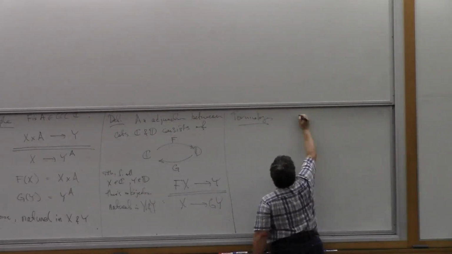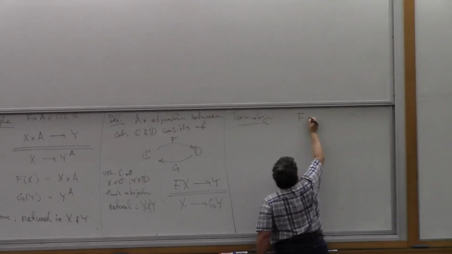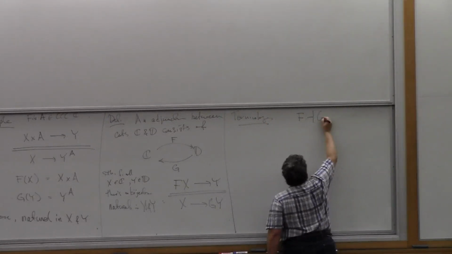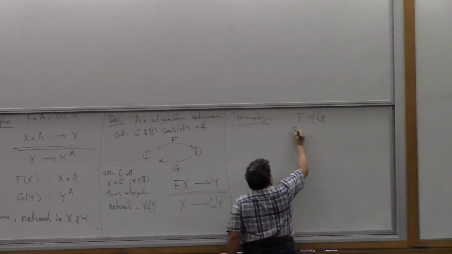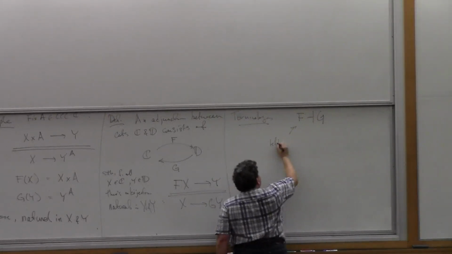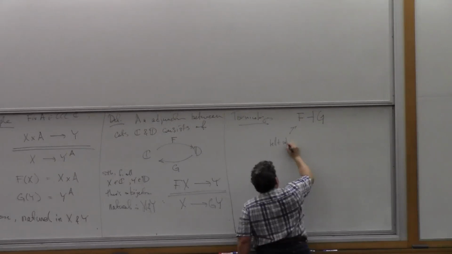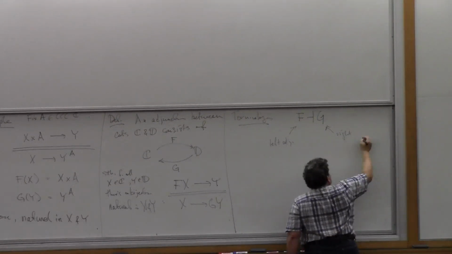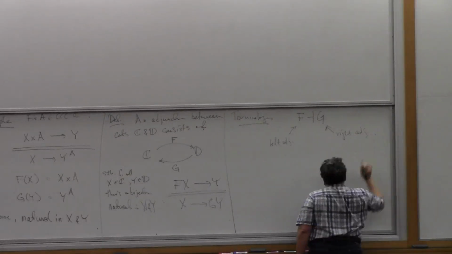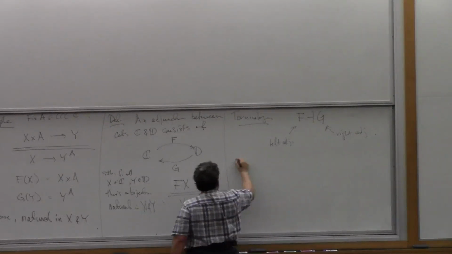So in this case, I'm going to say F, and I'm going to write a backwards turnstile G, just because that's the convention. And we call this one the left adjoint for obvious reasons, left adjoint. And this one is called the right adjoint. And so we already had one example.